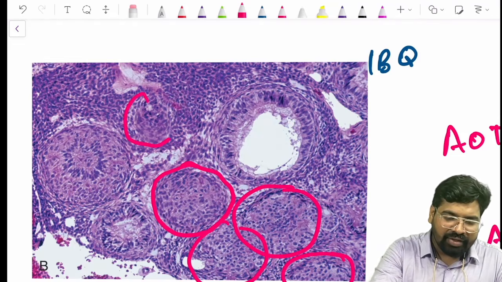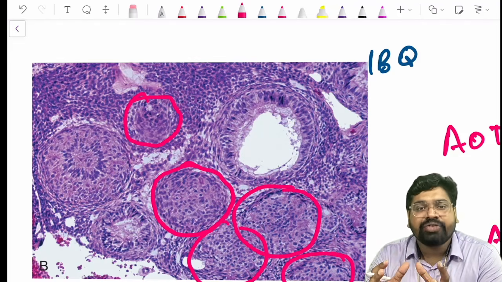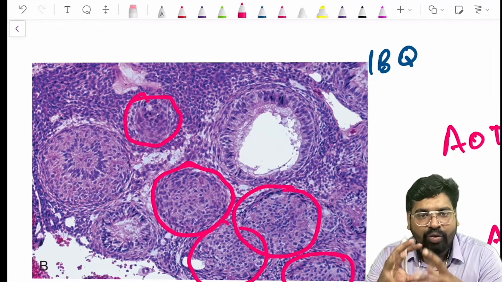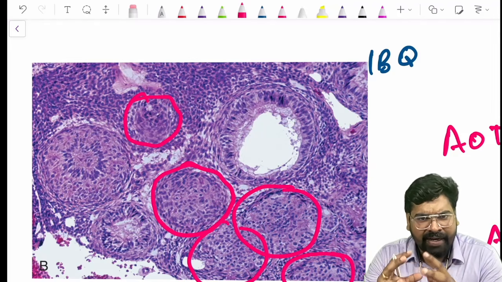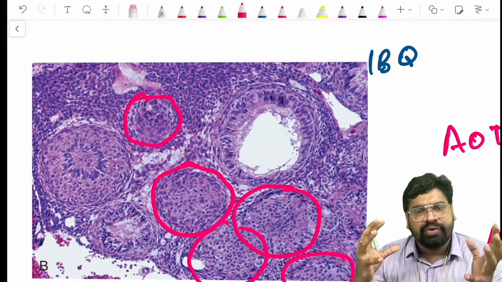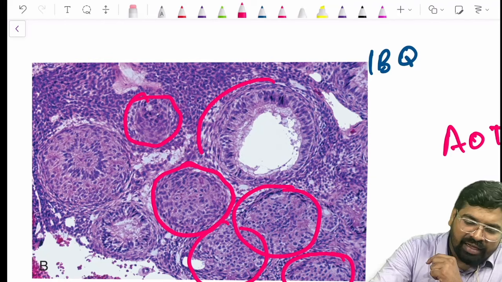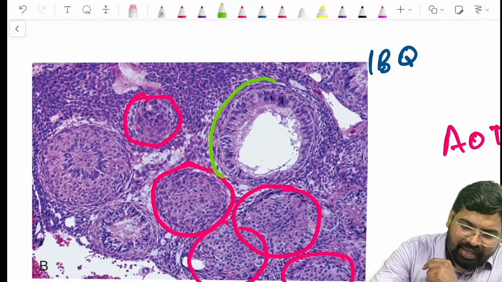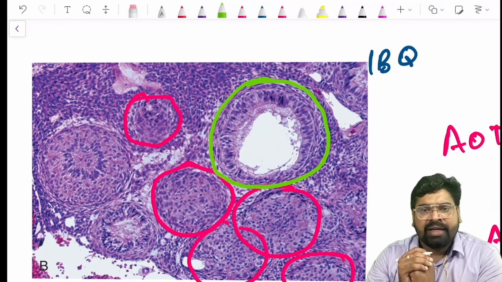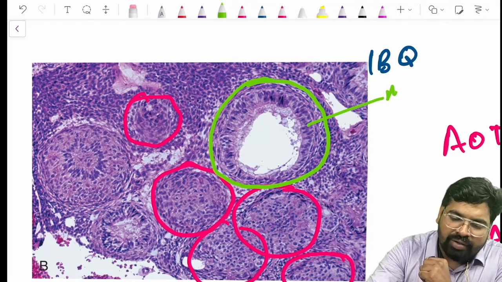These cells are arranged in small nodules, like small balls of cells. These balls of cells are called cell-rich nodules. At the same time you can see this empty area. I will draw with a different color here. Can you see this area? That is a microcyst.